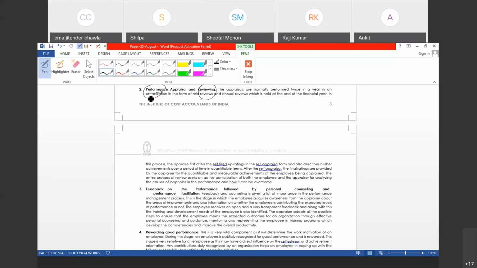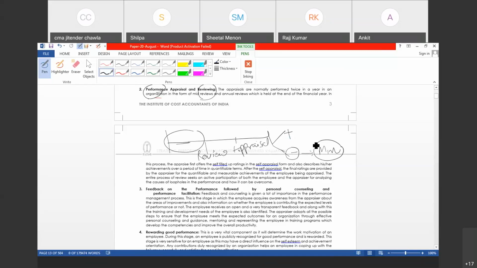When you talk about reviewing, appraisal starts with review. Whatever you have done, recheck it. We call it review. And to get appraisal means check what are the positives, what are the negatives, and whatever the negative achievements, you have to minimize them.